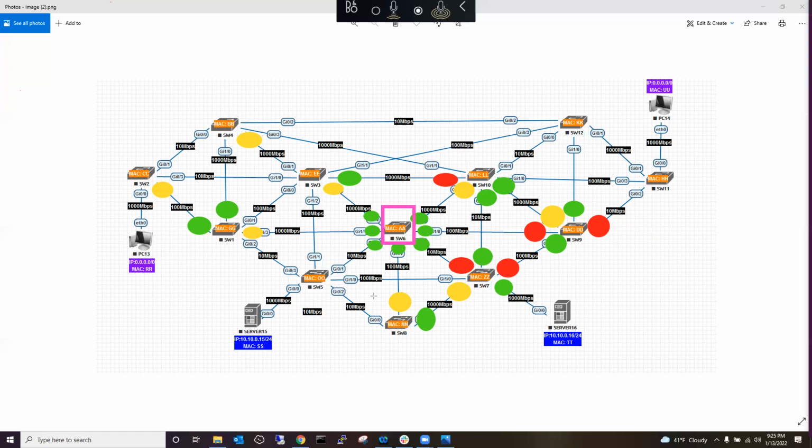Take your time. I'm just seeing if you're ready. So we want to make that port a designated port, gigabit 0/0 on switch 8. That's what they're saying.